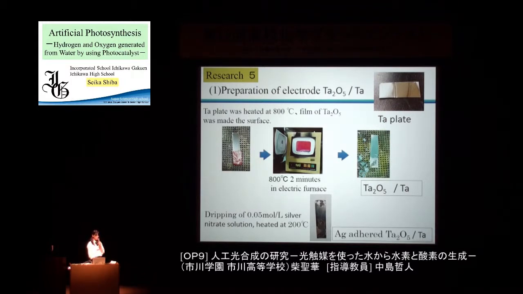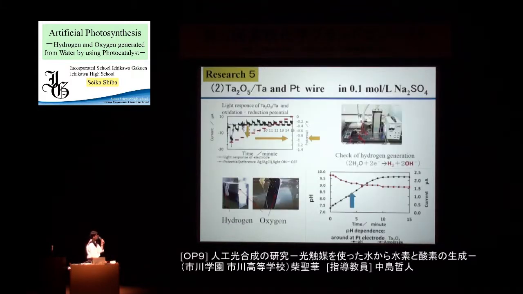I also made several electrodes by adding silver nitrate solution. Finally, as for the experiment with tantalum oxide, there was a generation of oxygen from the surface of the tantalum oxide when ultraviolet light from the external lamp irradiated it.